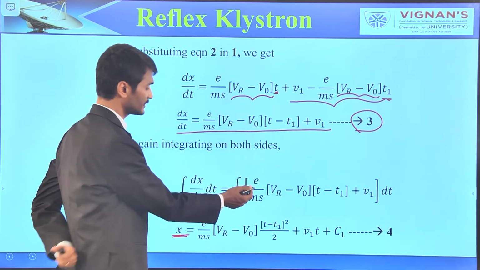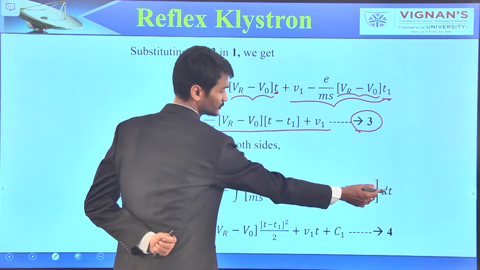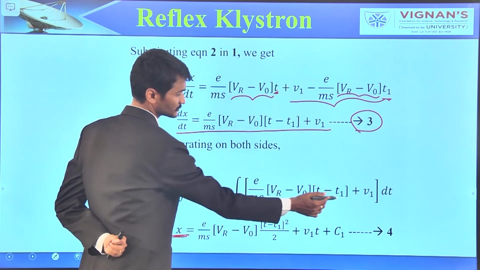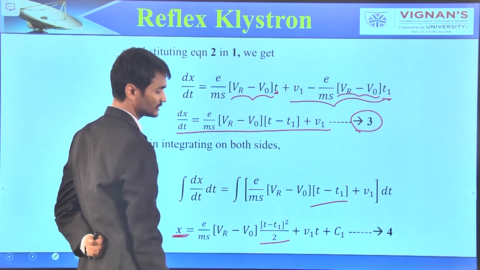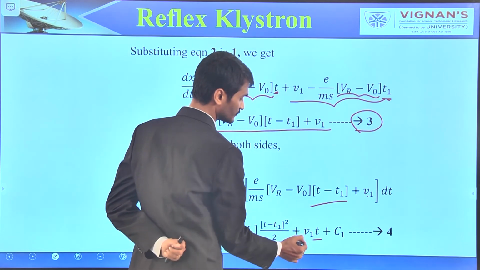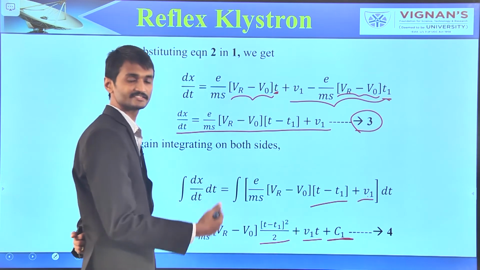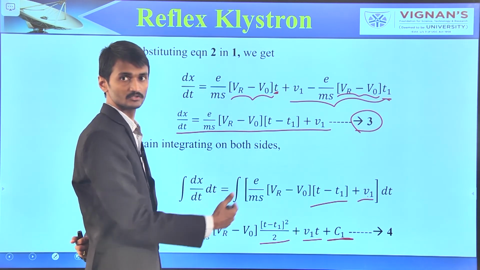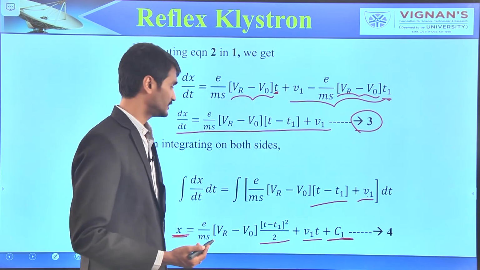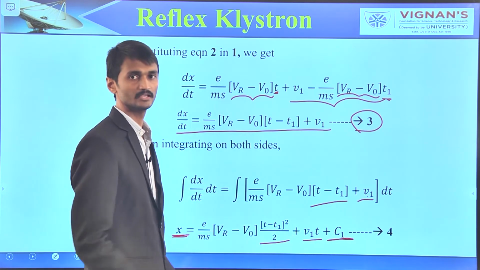So here E by m s (Vr minus V naught) into (t minus t1) whole square by 2, plus v1 into t, plus a constant. Let us say it is C1, since C I have already considered, so now it is capital C1. Then I have to calculate this constant value again, and substitute it in equation 4.